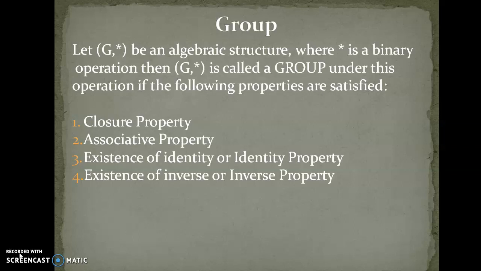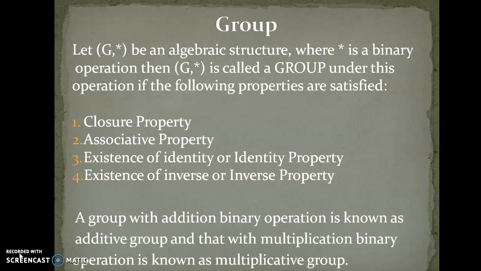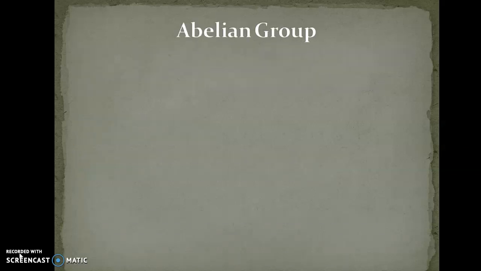So we have seen up till now, if a set along with the binary operation has closure and associative properties, it is a semigroup. If it has closure, associative and existence of an identity, it is a monoid. Closure, associativity, existence of identity, existence of inverse, now it is a group. A group with the binary operation as addition is known as an additive group. If the binary operation is multiplication, it is a multiplicative group.